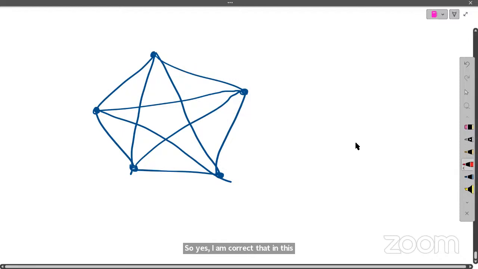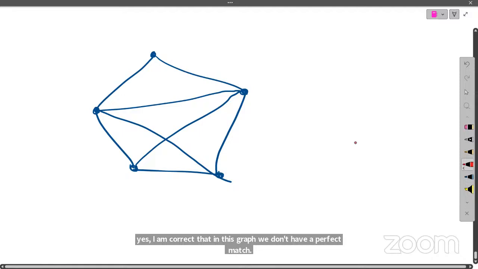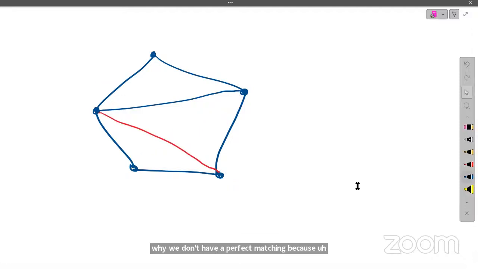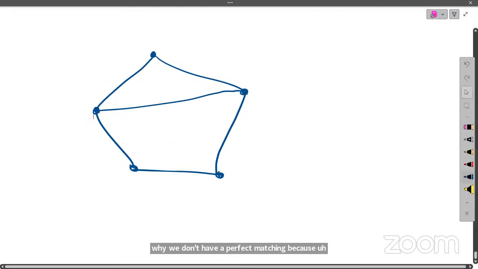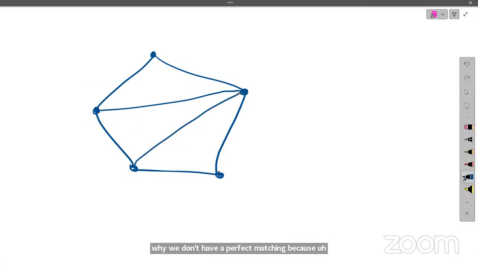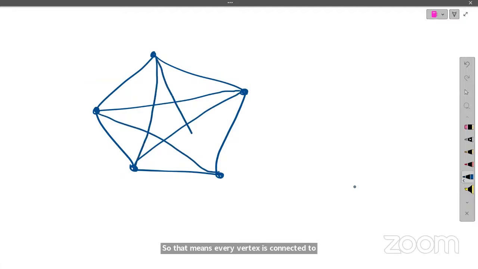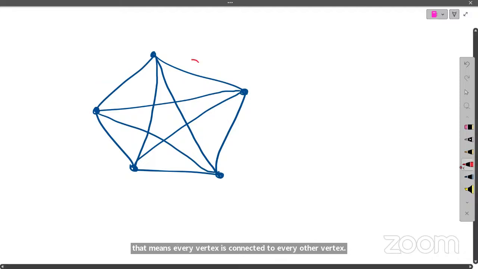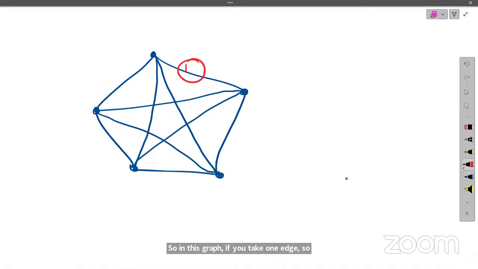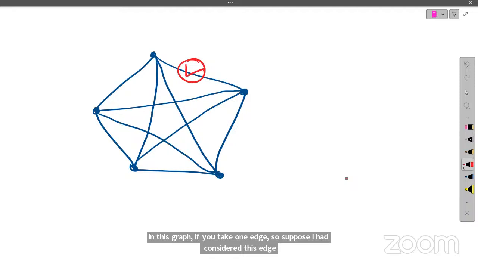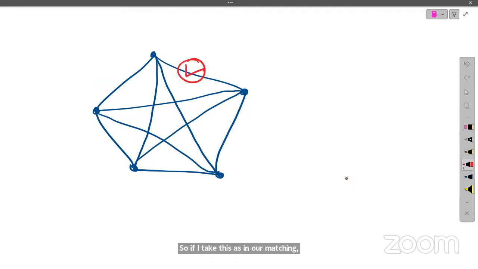Why don't we have a perfect matching? Because every vertex is connected to every other vertex. In this graph, suppose I consider this edge E1 in our matching. Then obviously any edges which share the common endpoint cannot be taken.